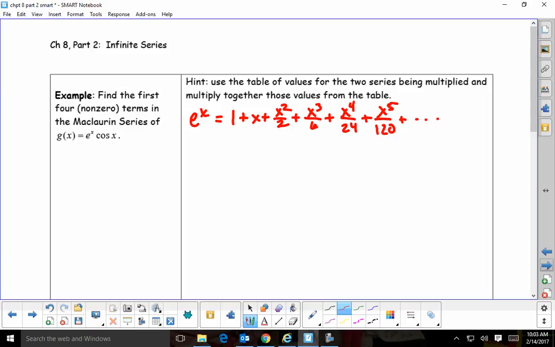Good? Okay, do the same thing for cosine x. Give me the first few terms.